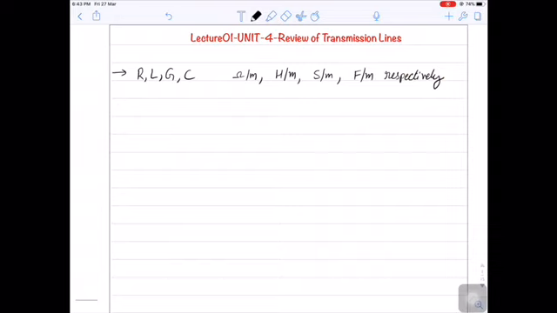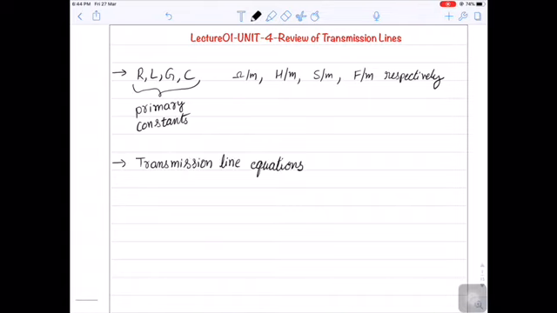Anyway, these four parameters we call them primary constants because all these four parameters are dependent on the physical structure of the transmission line. Then we have seen the transmission line equations.